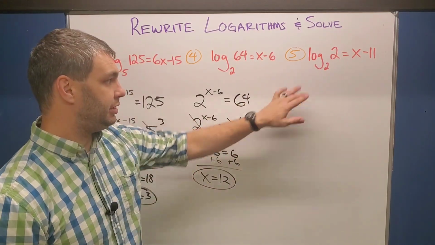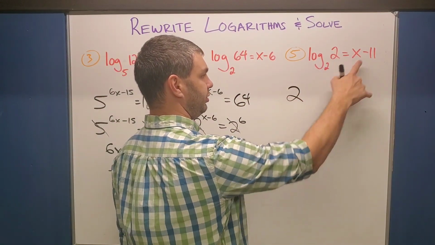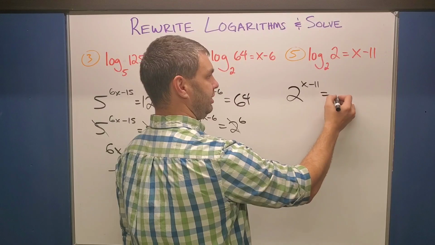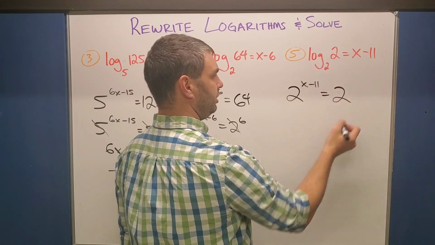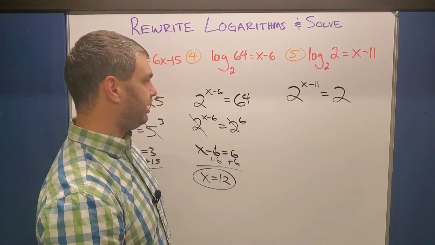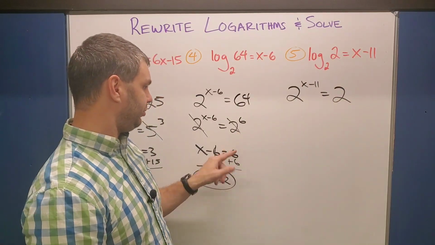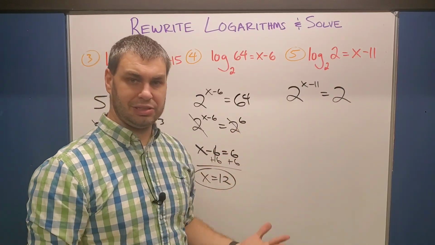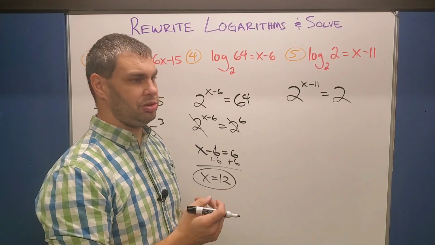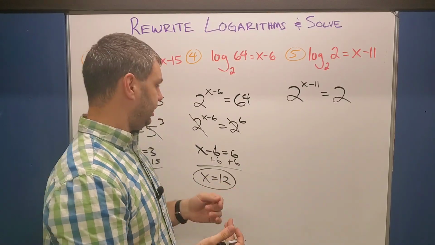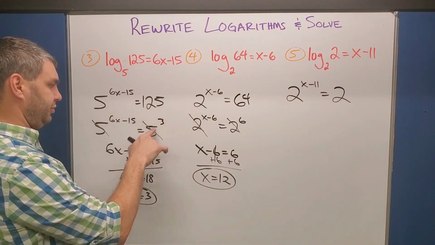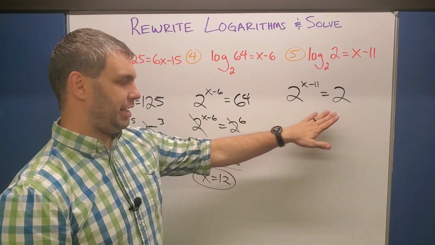All right, one last one here. Another 2: 2 raised to the x minus 11 equals 2. You'll notice with this one, it's already a 2. So how do I get an exponent up here? With all these other ones, I've had to change them. Well, with this one, if you think about your powers that you have available to you, this was 5 to the third, this was 2 to the sixth, but you can go lower.